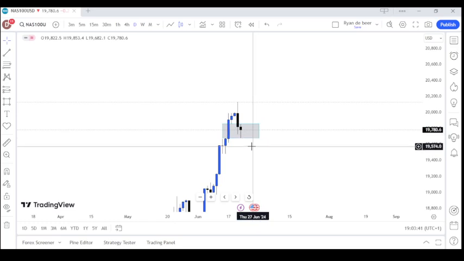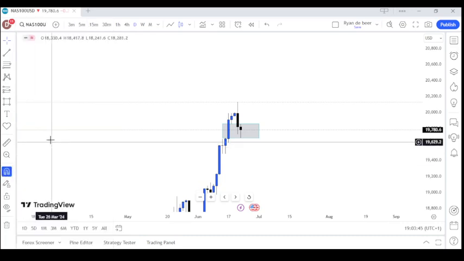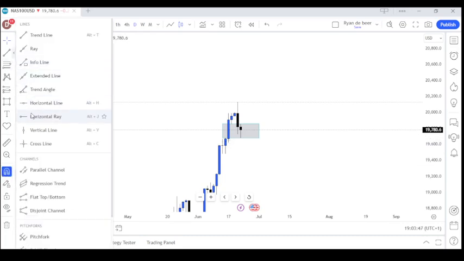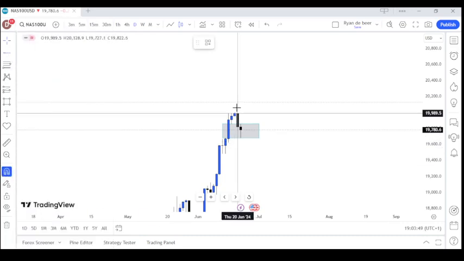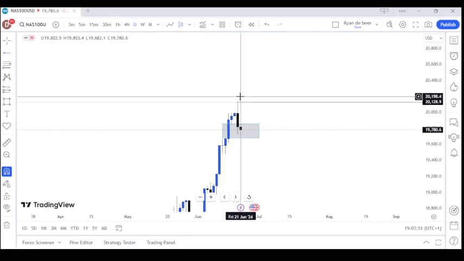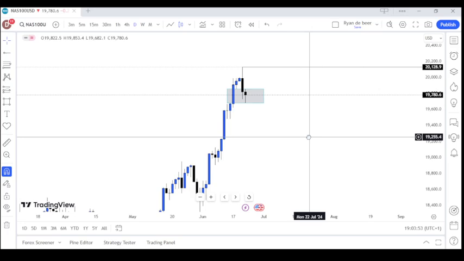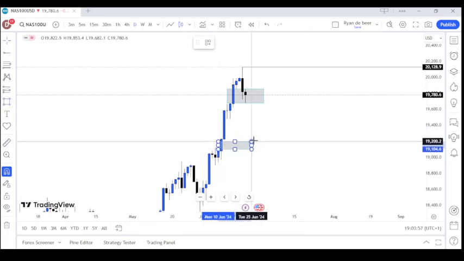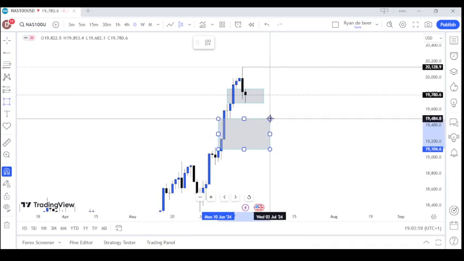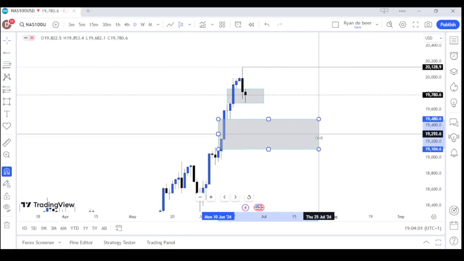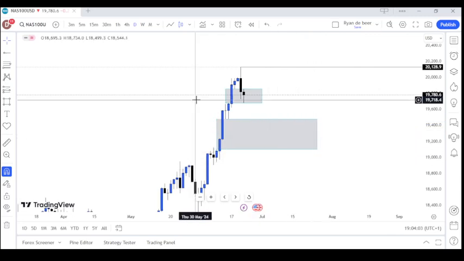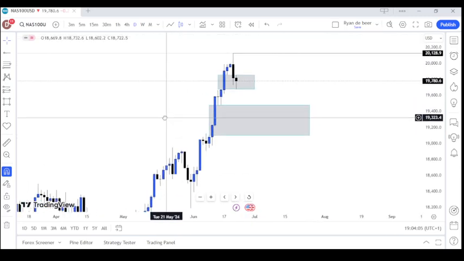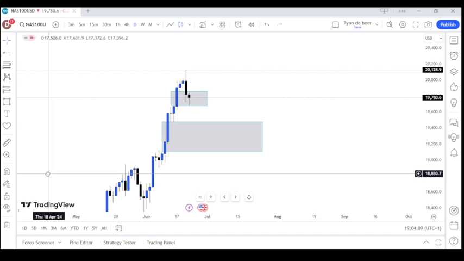Got this daily bullish imbalance right there, and I also want to mark out my draw on liquidity for the daily time frame, which is this daily high over here. We also do have this imbalance on a daily that we could possibly retrace into. So yeah, that's about what I'm looking at on the daily time frame.